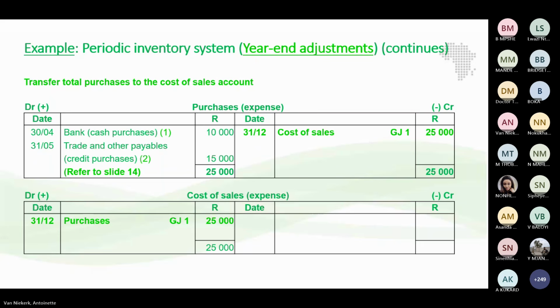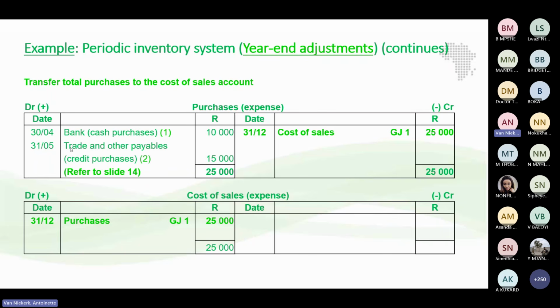Now, before we lose each other here, purchases is an expense. Cost of sales is an expense. And the theory says expenses increase on the debit side. That's correct. Now, when you've got new purchases, are your purchases increasing or decreasing?